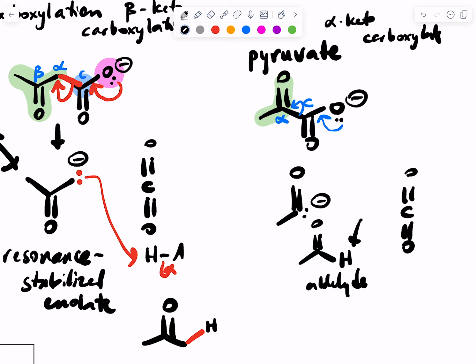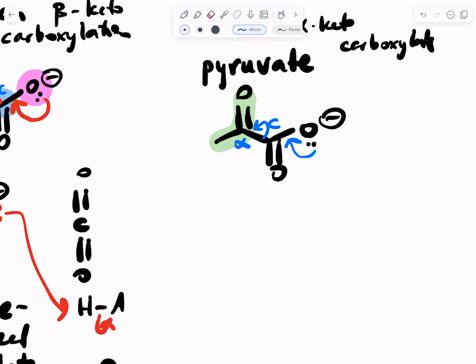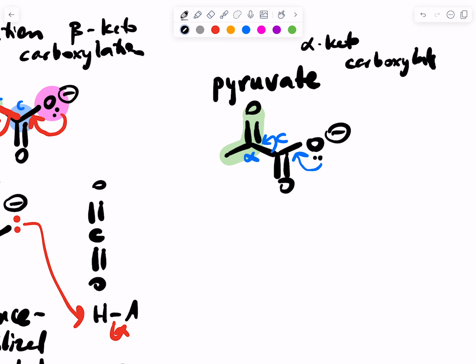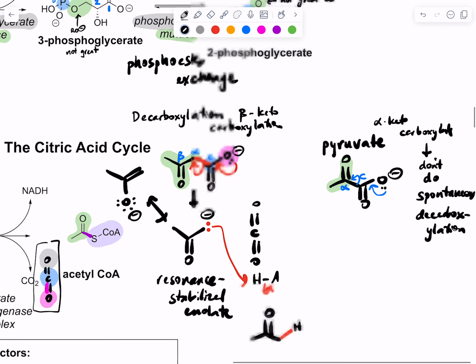And it's astronomical. It's like in the 40s. So terrible leaving group. So alpha keto acids like pyruvate, because there's no resonance stabilization of the leaving group, don't do spontaneous decarboxylation. I know that penmanship is terrible.